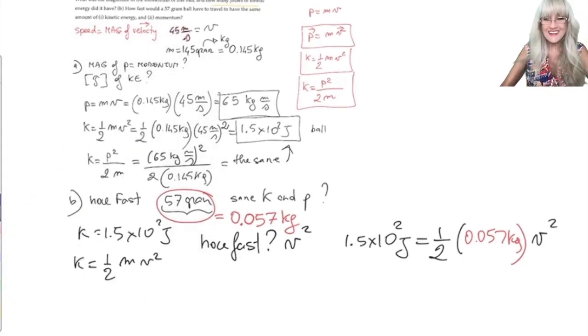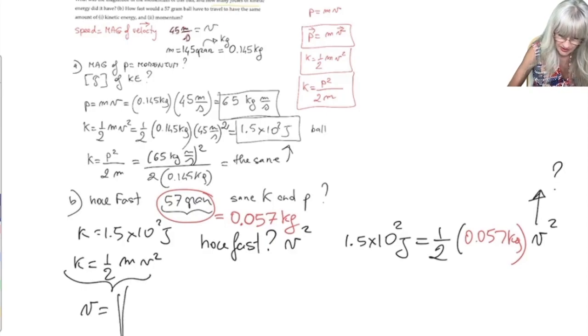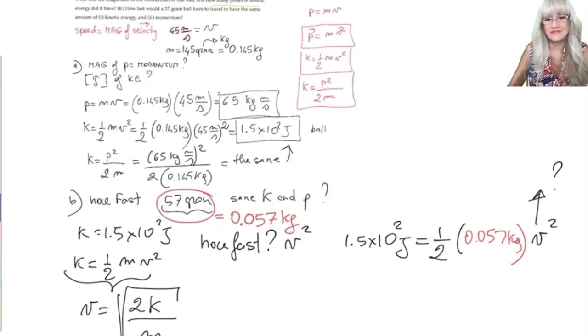All right? So this is my unknown parameter, which I'm going to solve for, because you see v out of this equation can be computed as the square root of twice the kinetic energy divided by the mass.